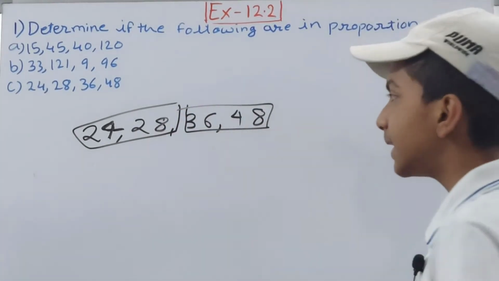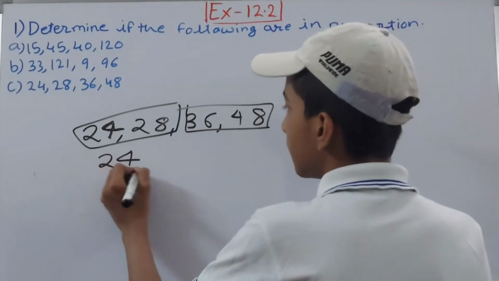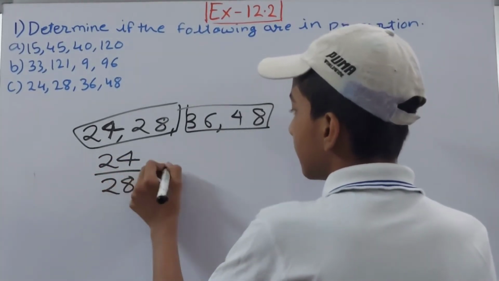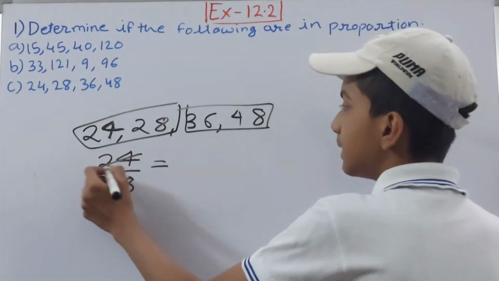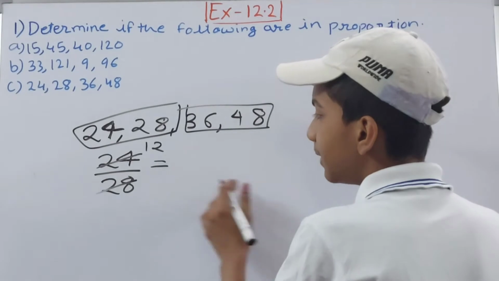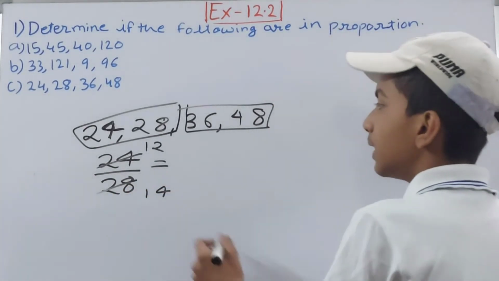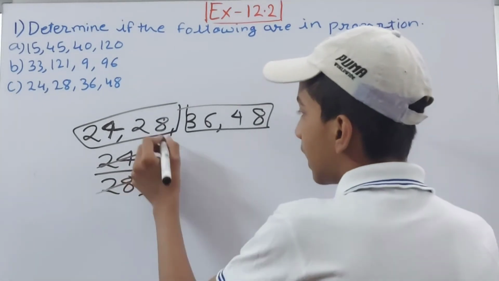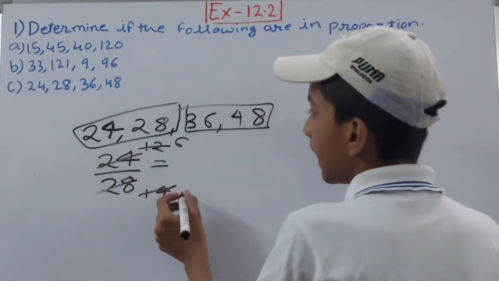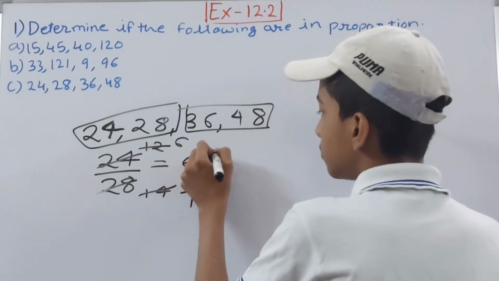Now we will make the ratios of these. So 24 upon 28. Now you simplify this, dividing by 2, and this will be 12 upon 14. Now further by 2, this becomes 6 and 7. So this becomes 6 is to 7.